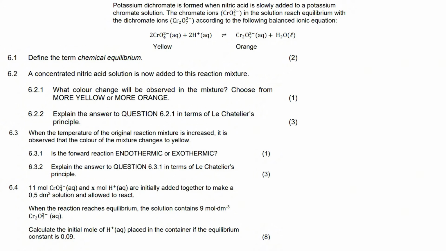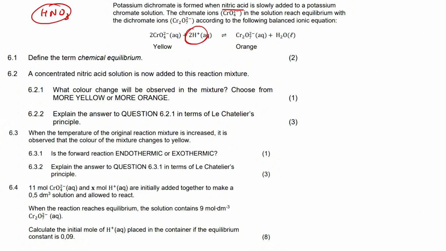Potassium dichromate is formed when nitric acid is slowly added to a potassium chromate solution. The chromate ions reach equilibrium with the dichromate ions according to the following balanced ionic equation. Okay, so we know that nitric acid is HNO3, but they haven't shown the whole of HNO3.